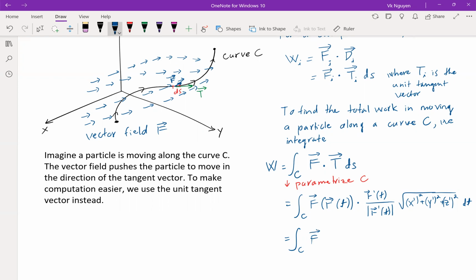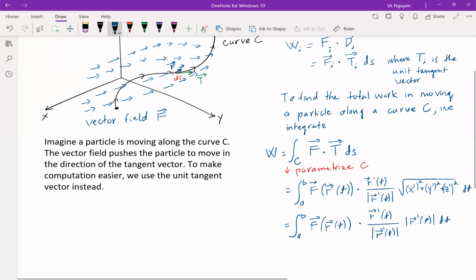You can replace the C here by from A to B if you want to, because it is exactly A to B. So we have r prime t over the magnitude of r prime t, and then this is exactly the magnitude of r prime t dt.